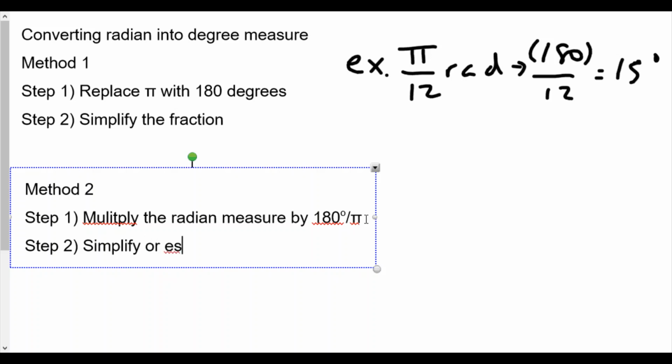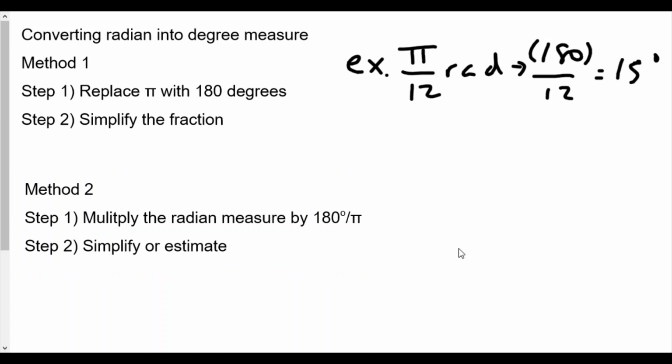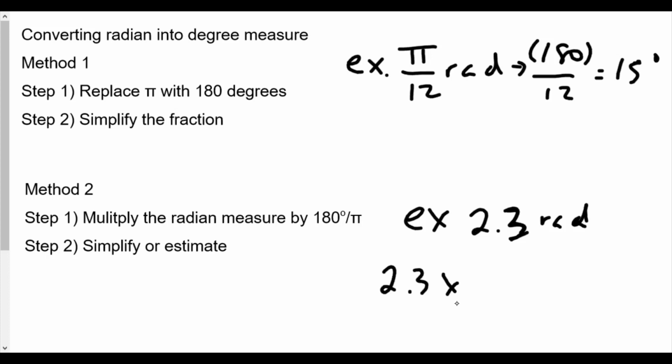Or estimate. I say simplify or estimate because if you have pi radians, it's so much easier to just replace the pi with 180 degrees. If, however, you have an example like 2.3 radians, it's not easy to replace pi here, so we take 2.3 and multiply by 180 over pi.